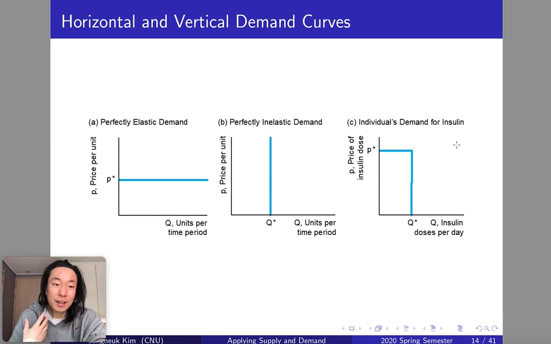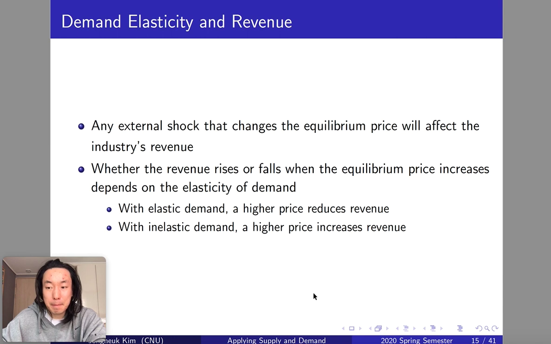But before that, since you have a very high level of pain, you need insulin for sure. Even if the price level goes to infinity, you still want it. But after you're dead, you don't get any insulin, even if the price of insulin is zero. So the third graph is just an interpretation like that.